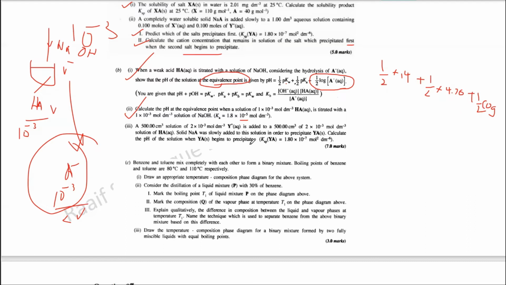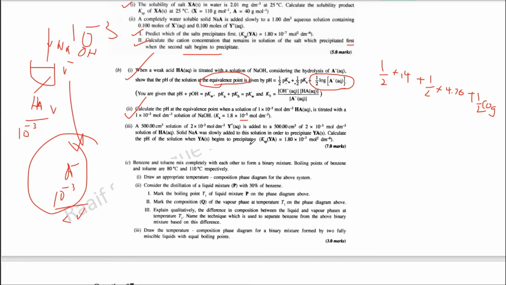So we have a YA precipitate that we can expect to form. So we can expect that YA is formed. Let's say YA solid is formed. We don't know whether it has happened.